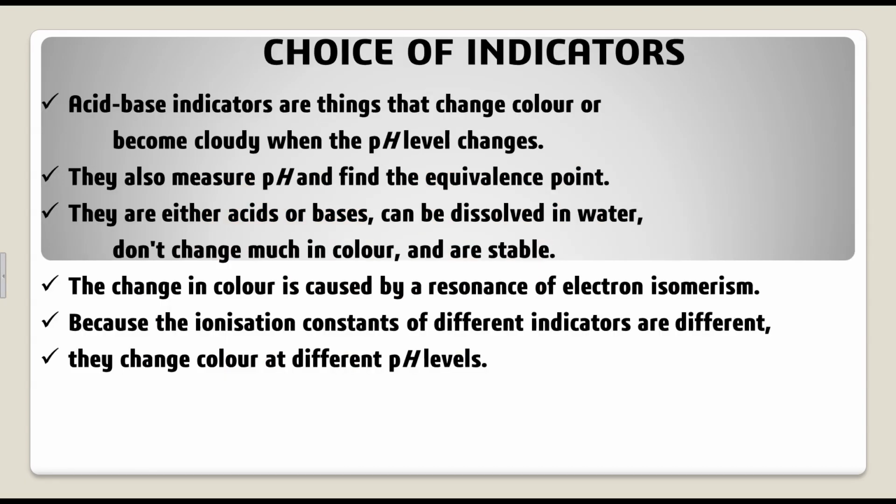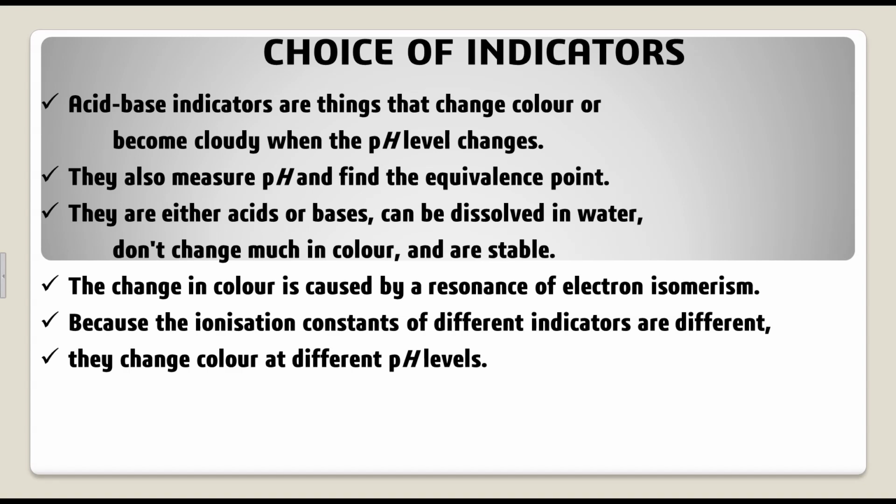Next, choice of indicators. Acid-base indicators are substances that change color or become cloudy when the pH level changes. Point number two, they also measure pH and find the equivalence point. Point number three, they are either acids or bases, can be dissolved in water, don't change much in color, and are stable.